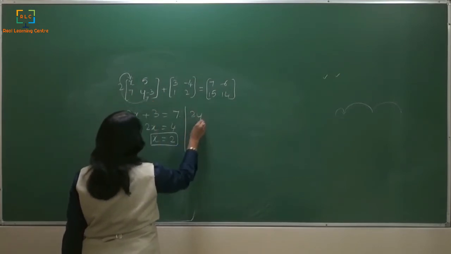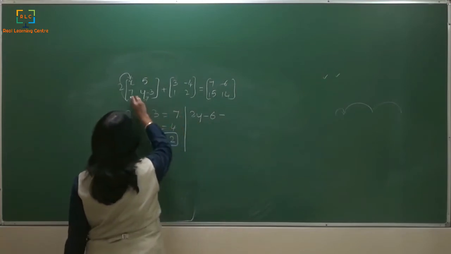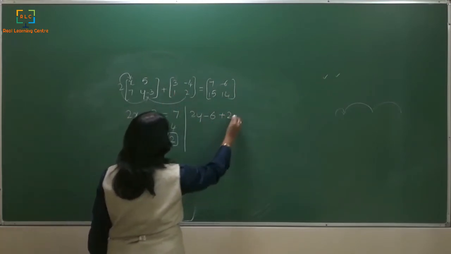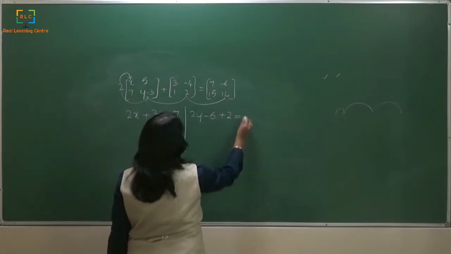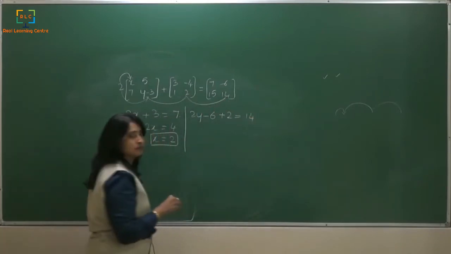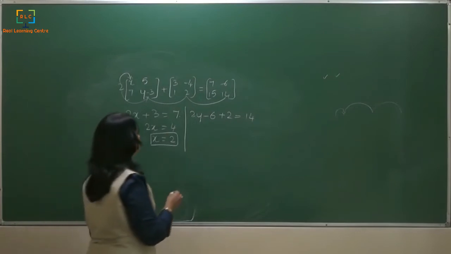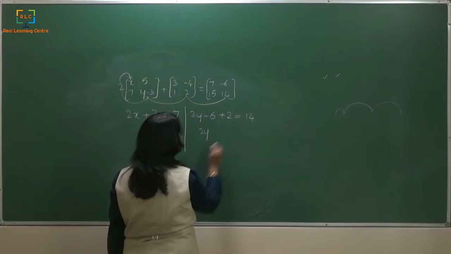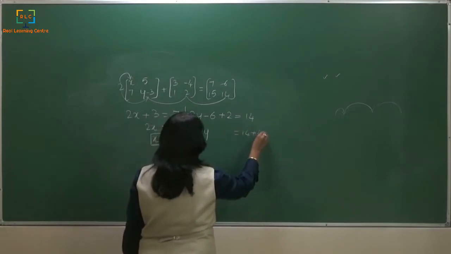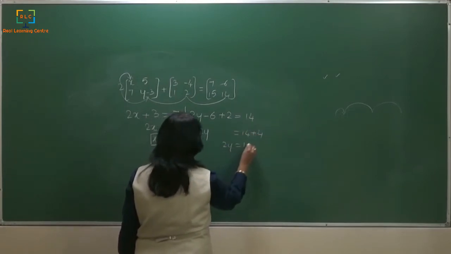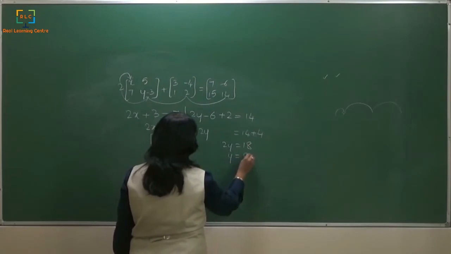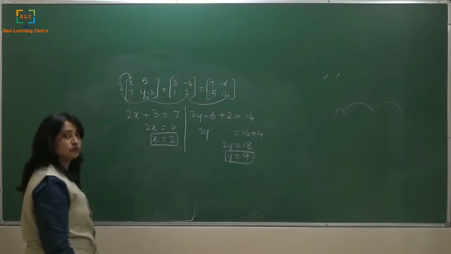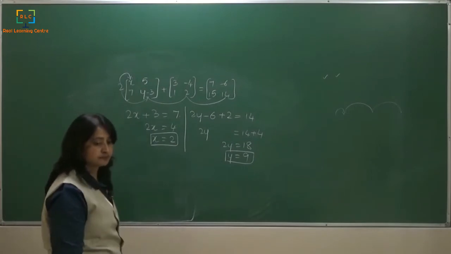So it will be 2y minus 6, plus 2, is equal to the corresponding element 14. This will give you a quicker result. So 2y, 2 minus 6 is minus 4, push that side it is plus 4. So you get 2y is equal to 18 and y is equal to 9. So we ended up getting the answer x is equal to 2 and y is equal to 9.